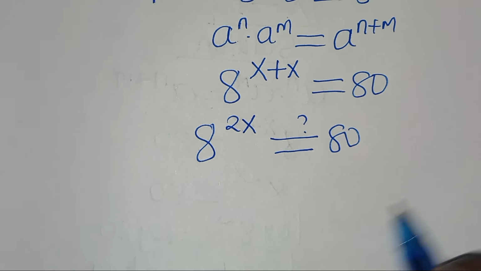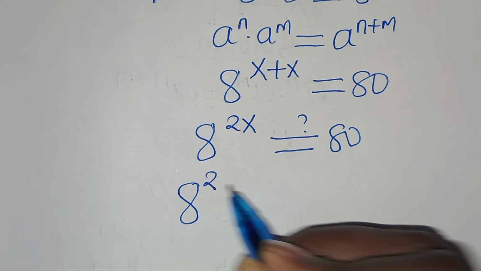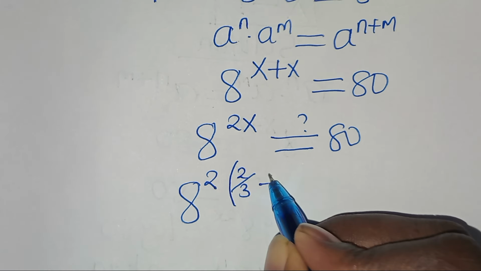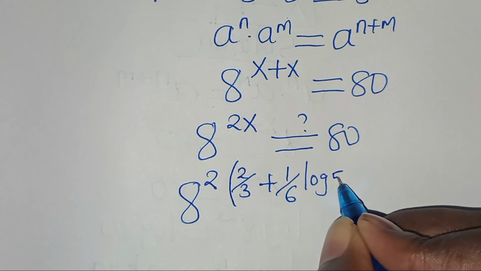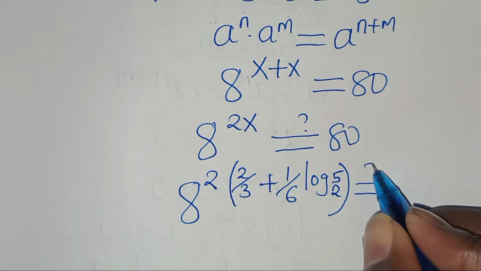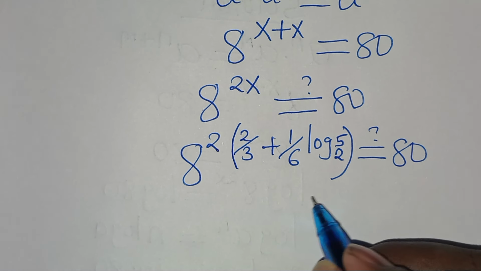So let's substitute the value of x here so that we have 8 to the power of 2 multiplied by x, which is 2 over 3, plus 1 over 6. This is log 5 to base 2. This should give us a value of 80. We can express 8.